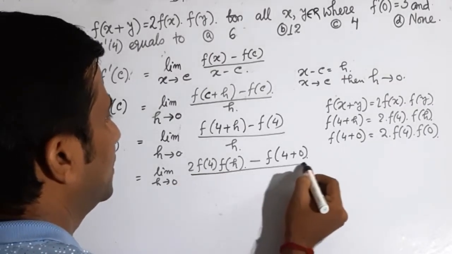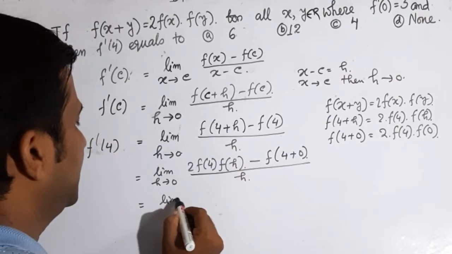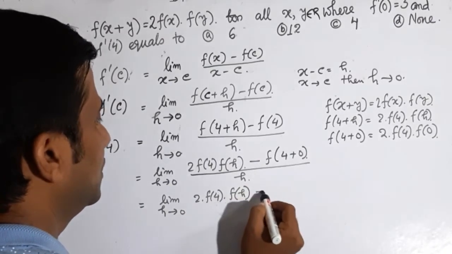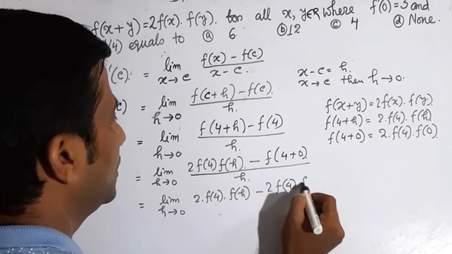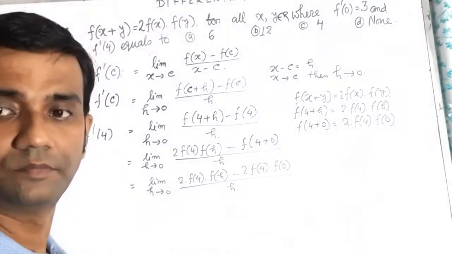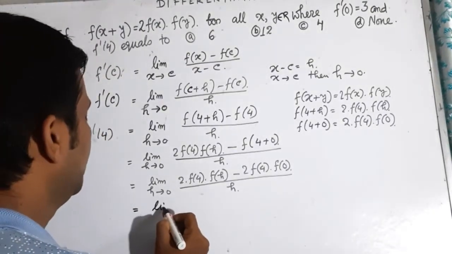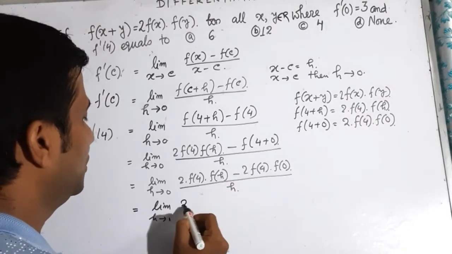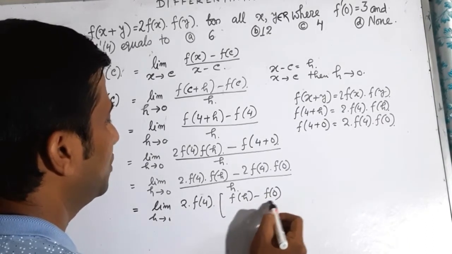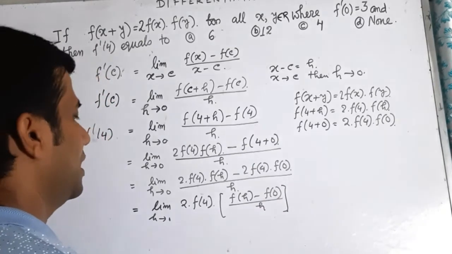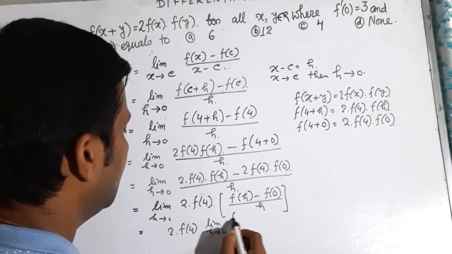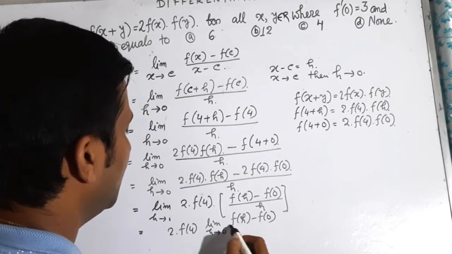So this is equal to limit h tends to 0 2 into f of 4 into f of h minus 2 into f of 4 into f of 0 divided by h, and taking 2 into f of 4 common, we get 2 into f of 4 limit h tends to 0 f of h minus f of 0 by h.